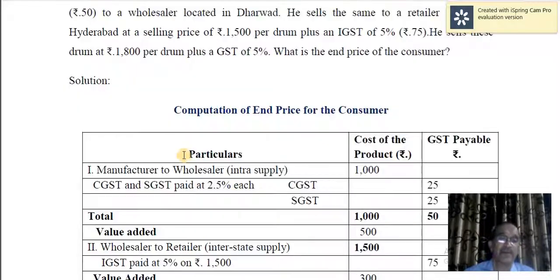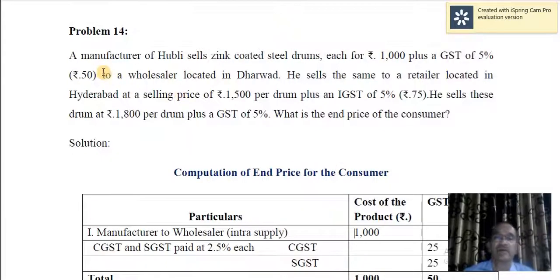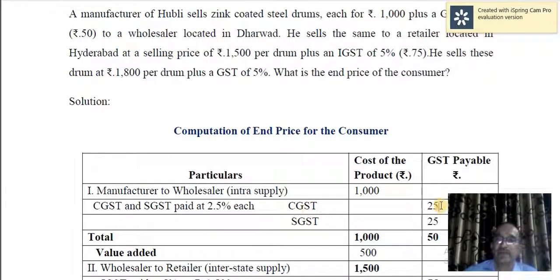So Hubli, manufacturer to wholesaler, intra supply. Yes, value is 1,000 and GST is 5%. Actually, 5% on 1,000 is 50 rupees. So at the rate of 2.5%, that will come to 25 and 25. So total GST is 50.